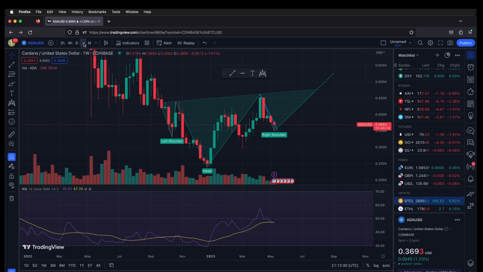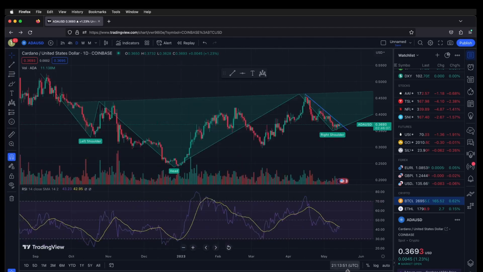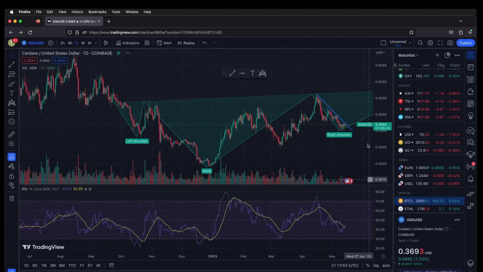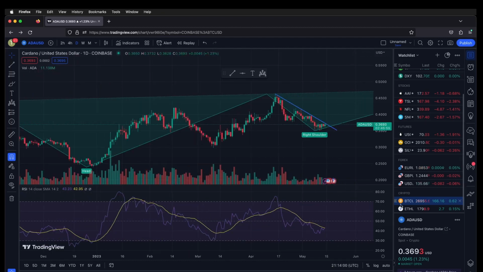So that's the weekly. Let's look at the daily. It's close, but no cigar on the daily. And the RSI is still below 50 on the daily. So it shows a lot of indecision in the market.